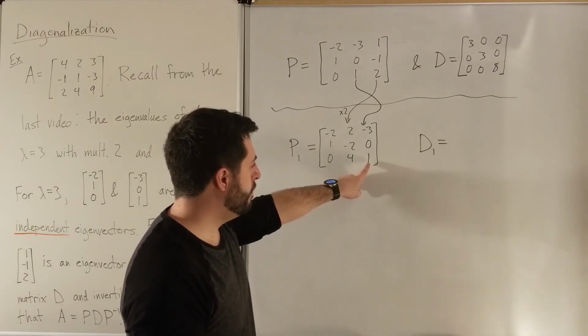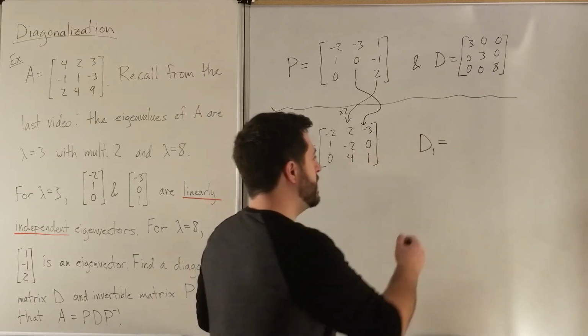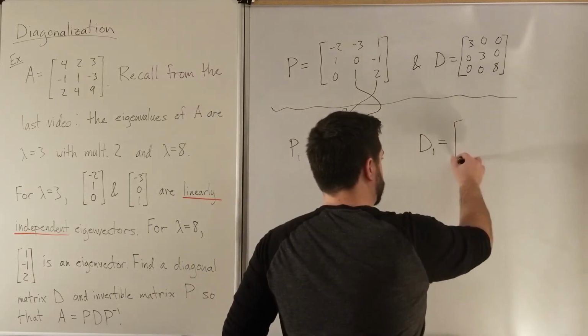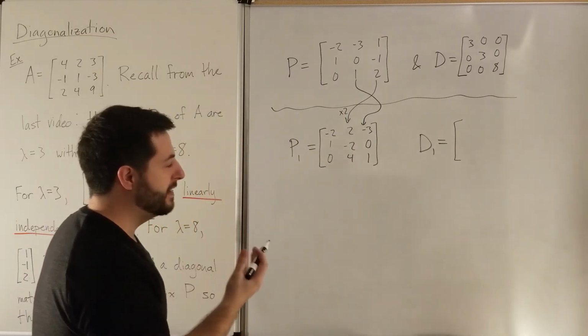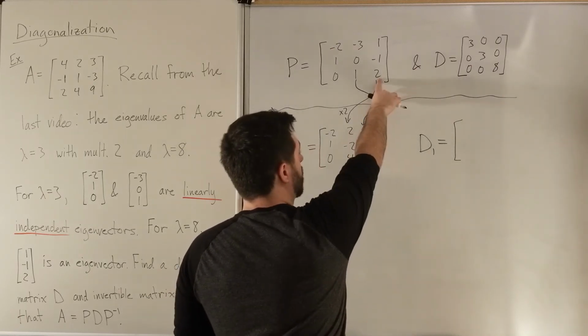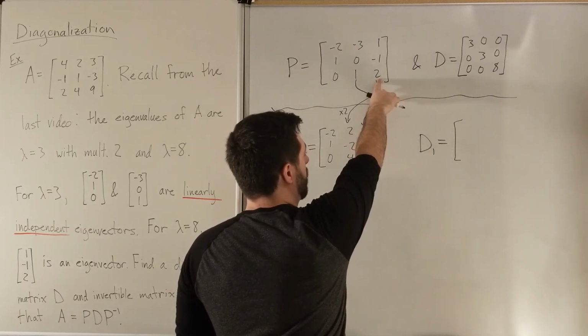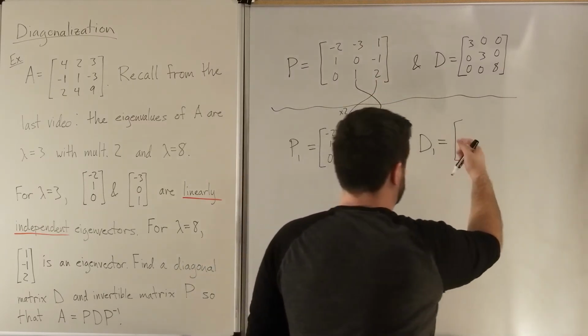The fact that I've switched these two means that I need a new diagonal matrix now, because I need my diagonal entries to be in the correct order. So the eigenvector corresponding to lambda equals 8 is now in the middle column, or twice it is.